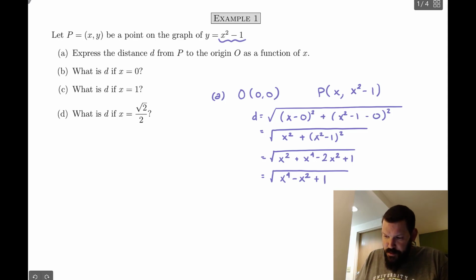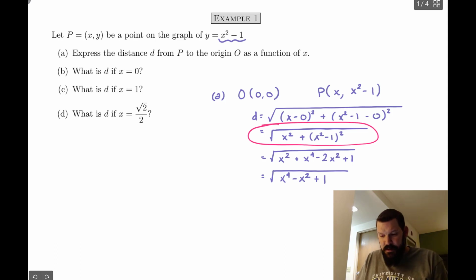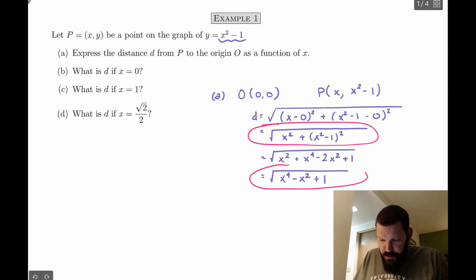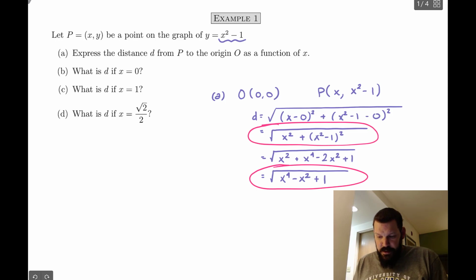I will let you get away with the first form, but I would much rather you get to this point. Either one will give you the exact same answer for any given value of x. So our distance formula is either one of the two that I've circled here in pink. I would prefer the bottom one, the square root of x to the 4th minus x squared plus 1, but either one's still going to work.